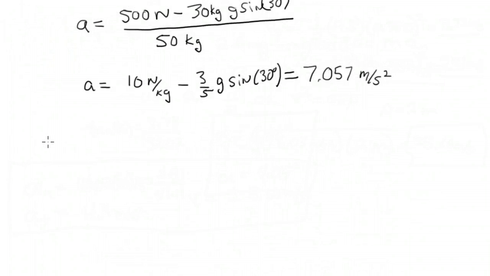If we just look at block B, this is to do the second part of that problem. Block B here looks like this, where we're going to write down the forces on it. It's got the gravitational force acting down.